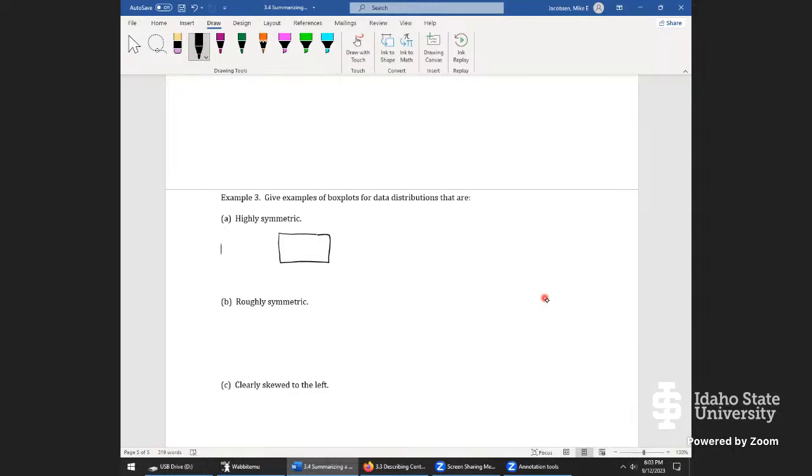The inner box could be narrow, it could be pretty wide, but if you have highly symmetric data, then keep in mind, right on this value is the lower quartile, right on this value is the upper quartile, and the median should be right about in the middle. Maybe not perfect, like this one is slightly edging off towards the right, but I would consider that as it stands, we're looking at highly symmetric data. Then the whiskers should be pretty balanced as well.